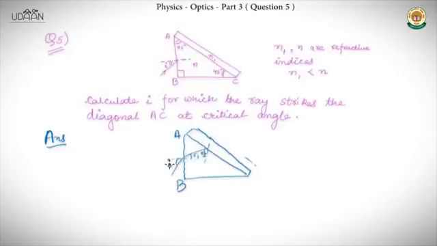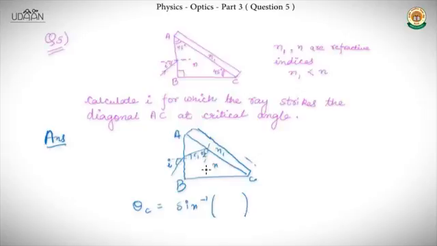Now we consider the incident angle to be i and the internal refracted angle to be r1. The angle at which it strikes the diagonal AC be r2. So as we know, for a given pair of media, the critical angle theta c is equal to sine inverse of the ratio of the refractive indices.